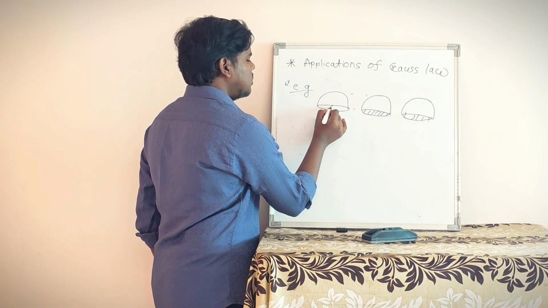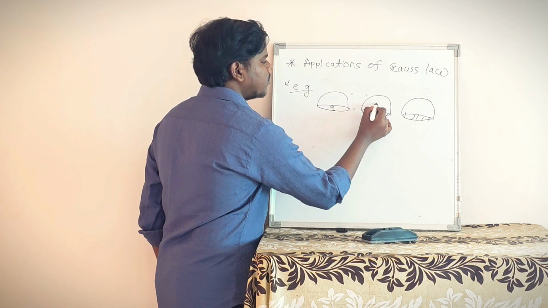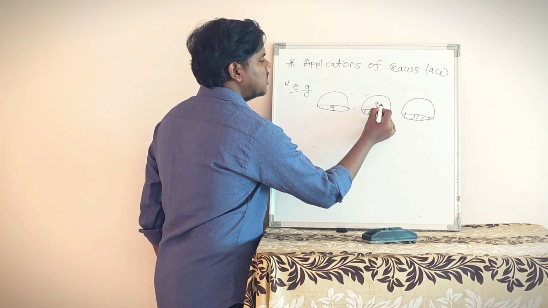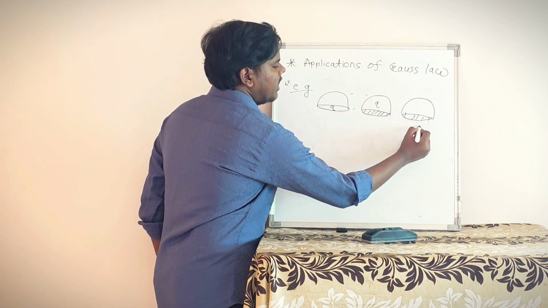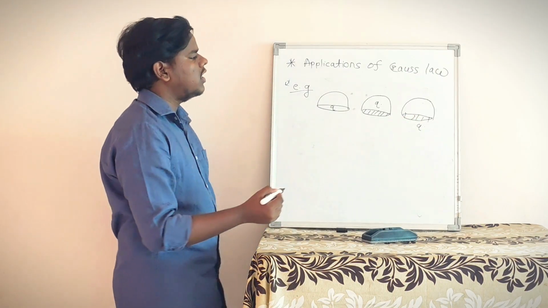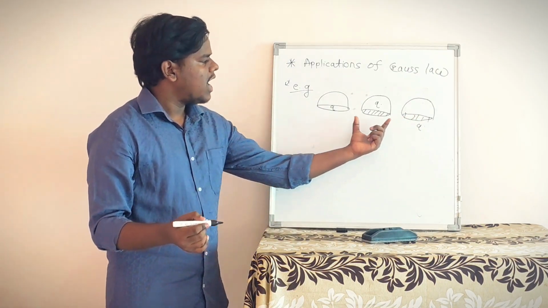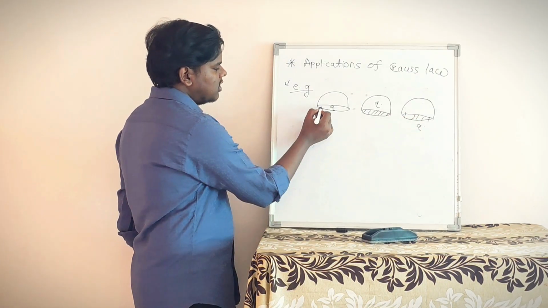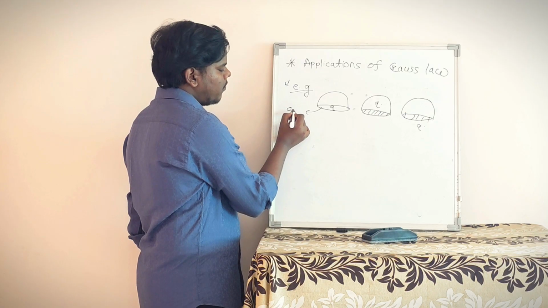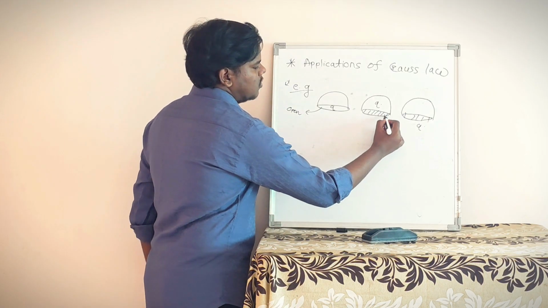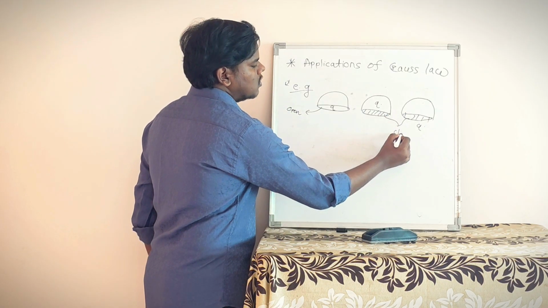Here we have charge Q, here we have charge Q, and here we have charge Q outside. So these are three hemispheres. This one is open and these two are closed.